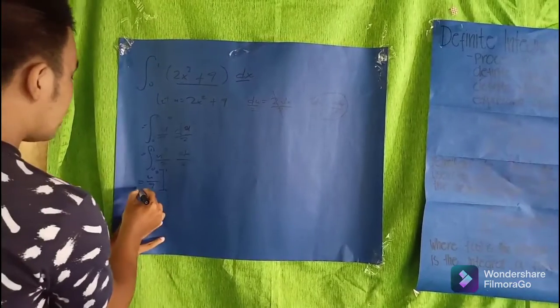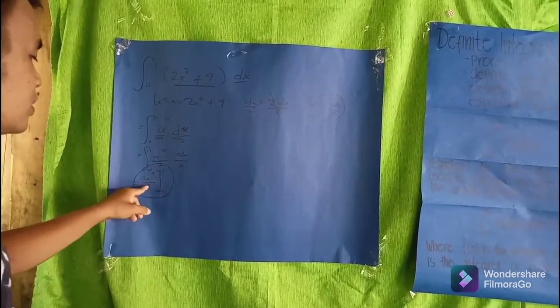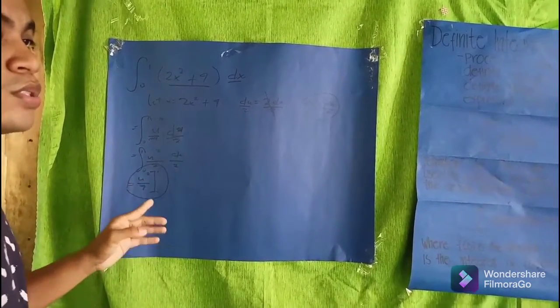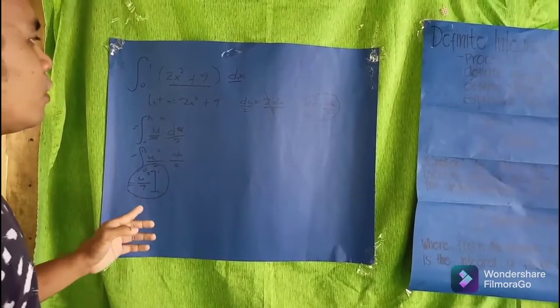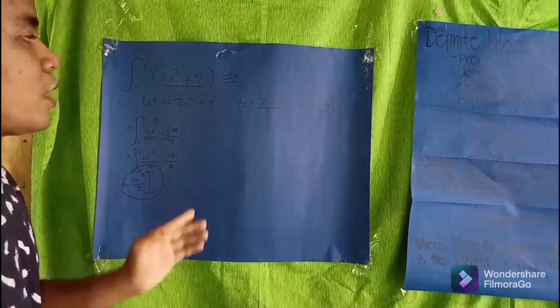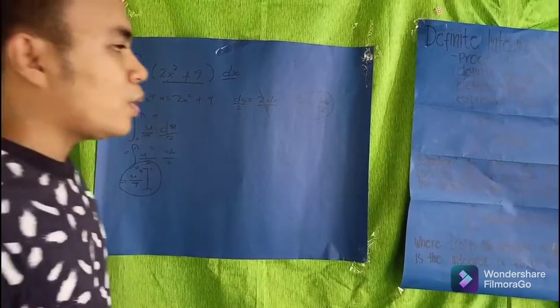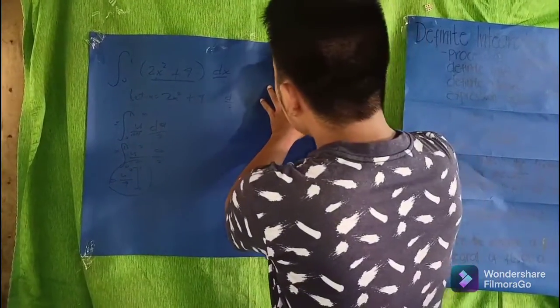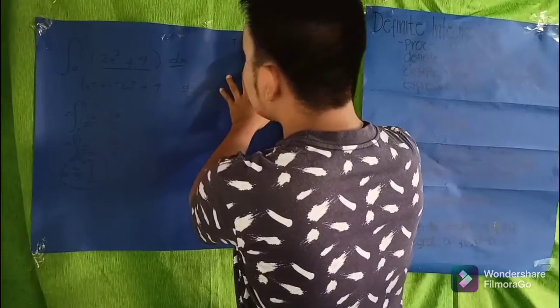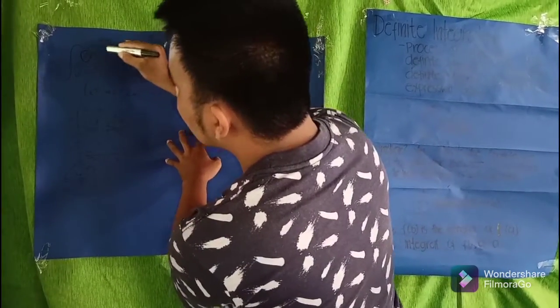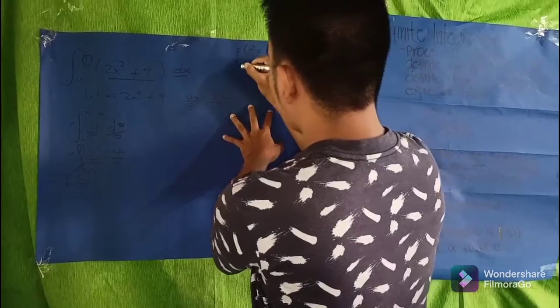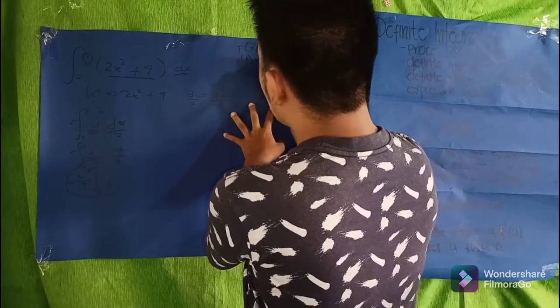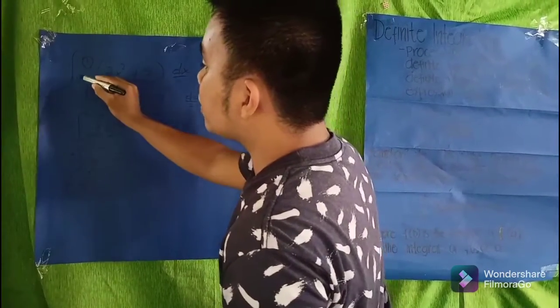So now that we have this expression, we will now solve it to get the definite integral of this. So as what we have learned, F of a is equal to the upper limit, which is 1, and F of b is equal to the lower limit, which is 0.